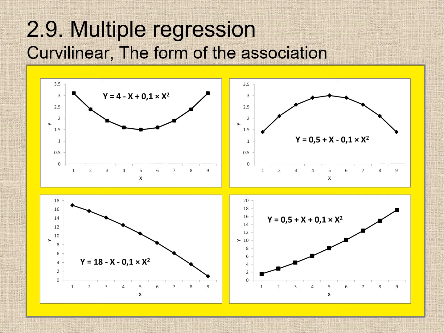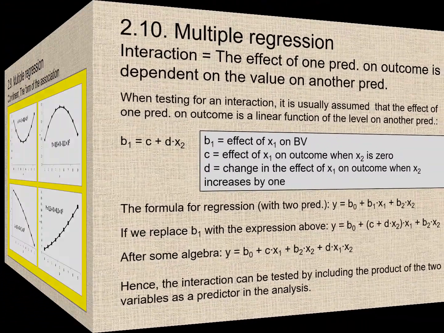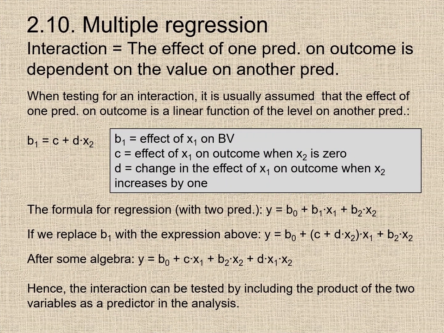So the effect of therapy on life satisfaction is different for different levels of medication. That would at the same time mean that the effect of medication on life satisfaction is dependent on therapy. It looks different for different levels of therapy. That's an interaction.